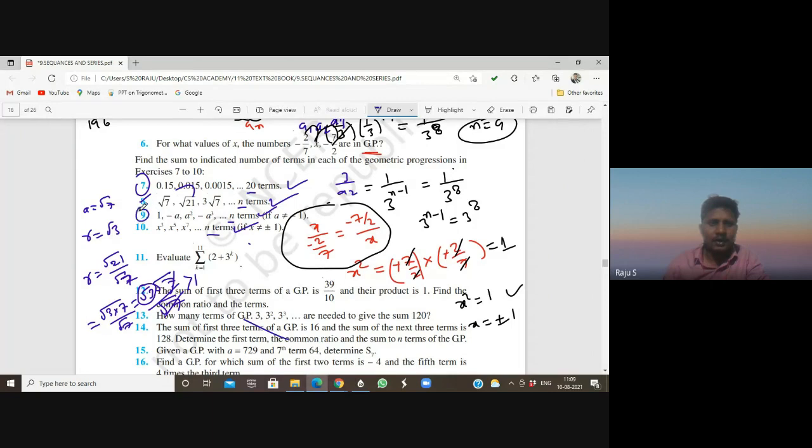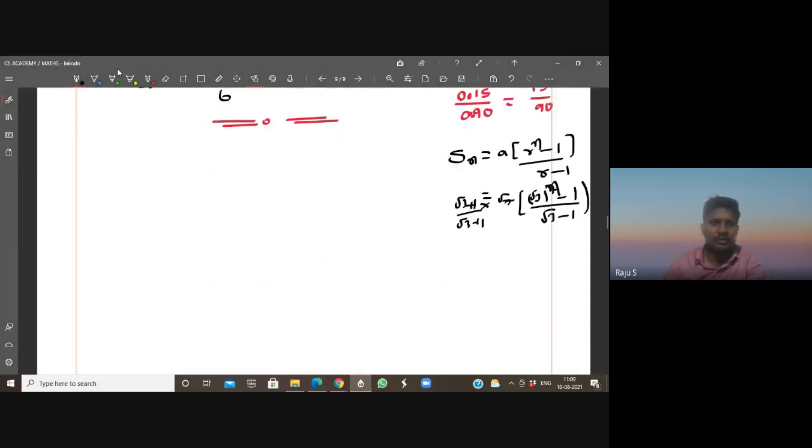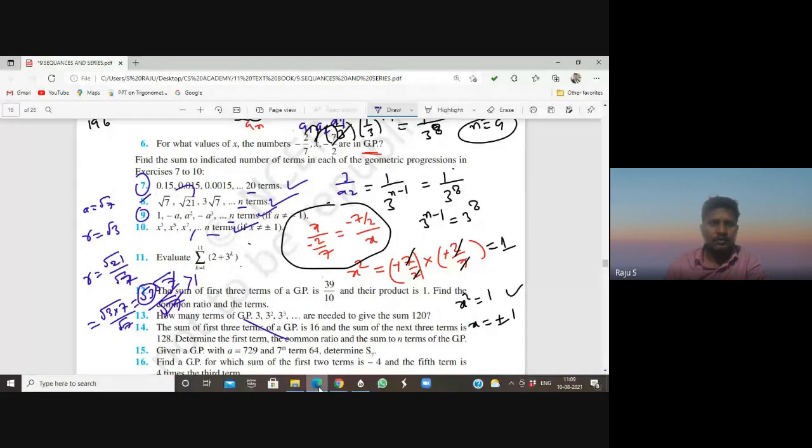Next, I want to do question number 9, because they have given it in terms of a alone. So the given geometric progression is, sorry, the ninth one.